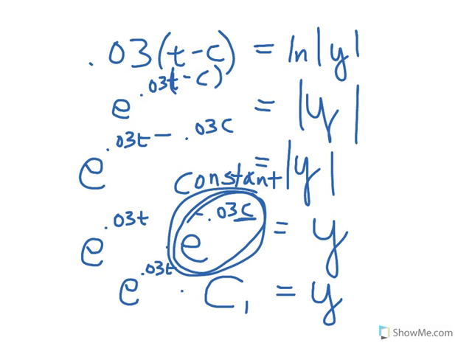So this particular solution right here, we could sort of call the general solution for this particular problem. But it doesn't take into account the (0, 5). So now we're going to plug that in there. Okay, so now we've got y equals C1 times e to the 0.03t.